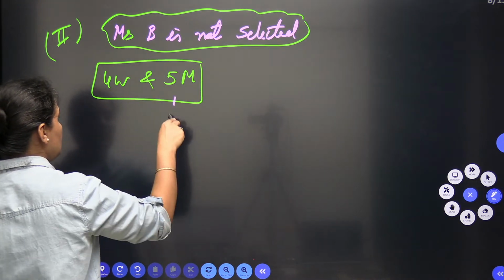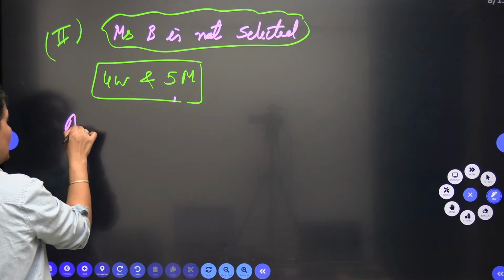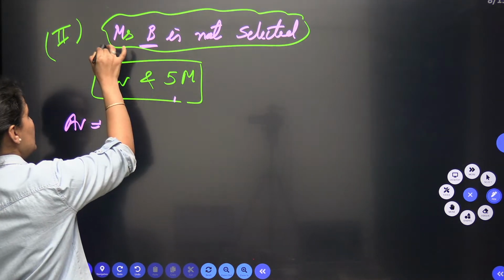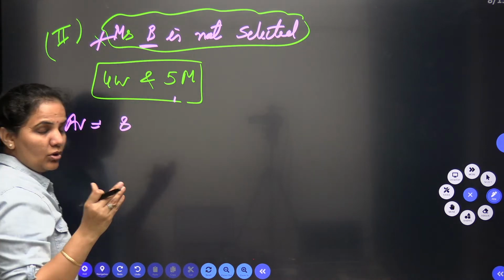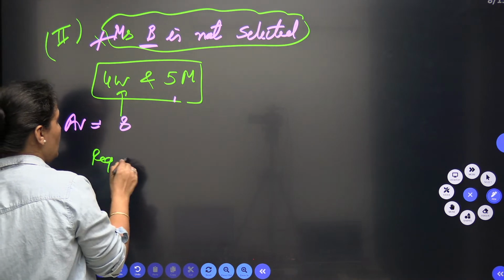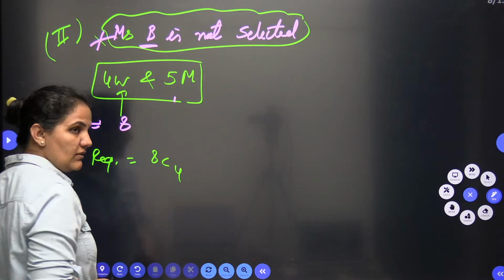The available women are again 8, because Miss B is not selected. So out of the available 8 women, you need to select 4. So the required number of ways will be 8C4 for the women.